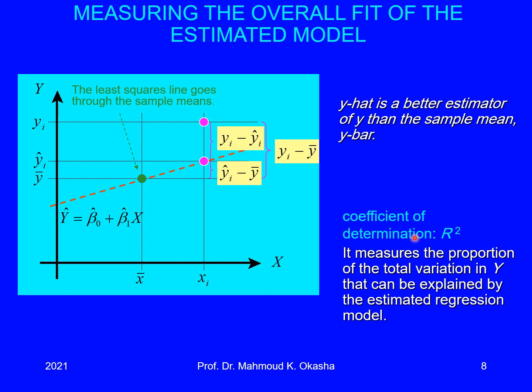This is what we actually call the coefficient of determination, R squared. We use these errors to estimate the coefficient of determination, R squared, which is the squared value of the correlation coefficient, but here we call it the coefficient of determination.